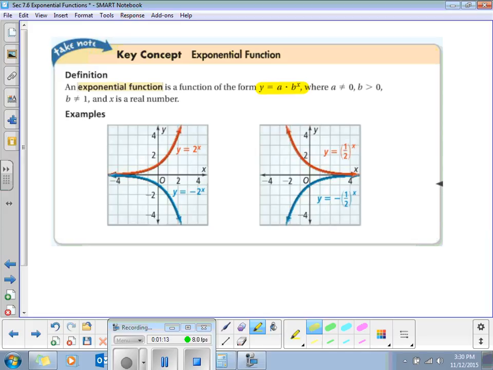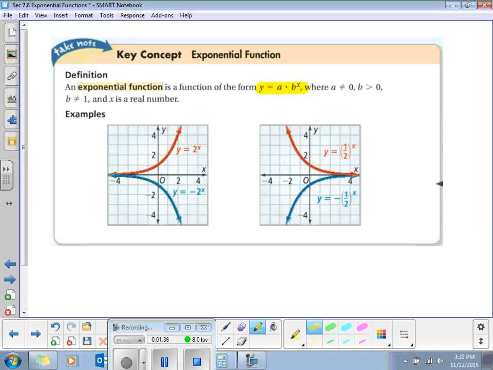Now, when you're looking at your exponential graphs, here is what it looks like when it's a positive base greater than 1. Looks like this red graph.